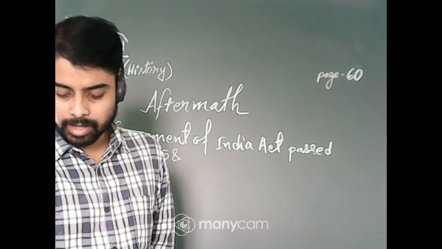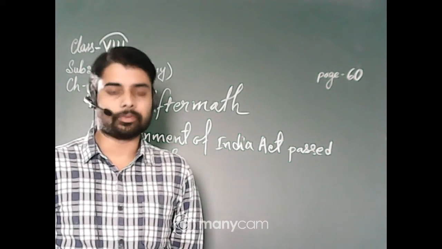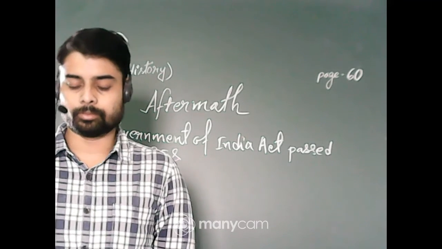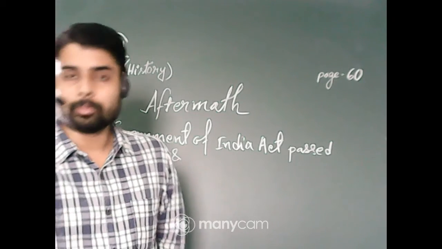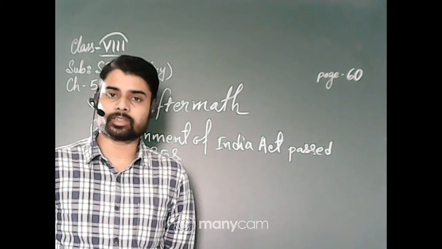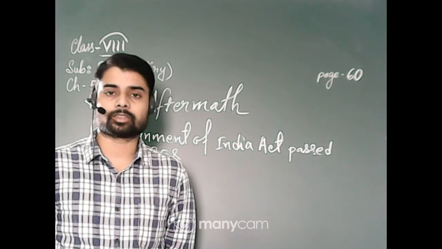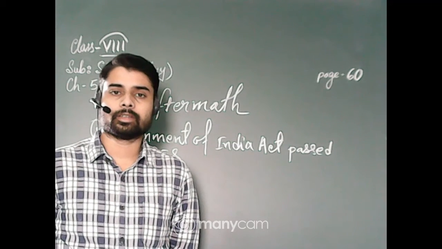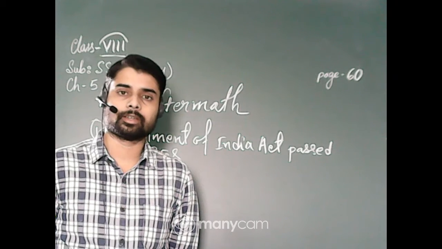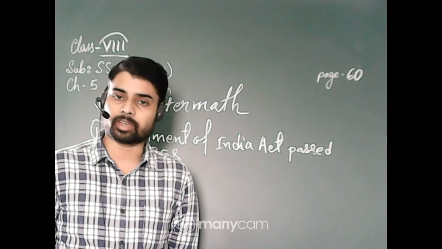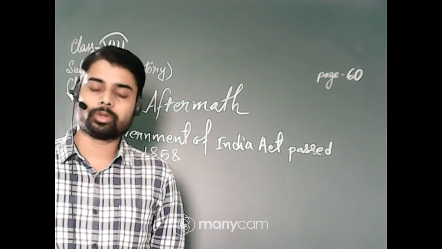From this time a new phase of history has begun. From 1707, the first phase of the history of modern India started, as I have already told you in the second chapter.